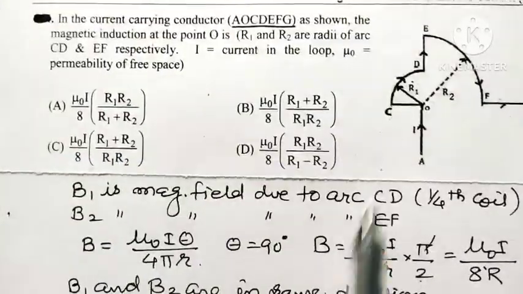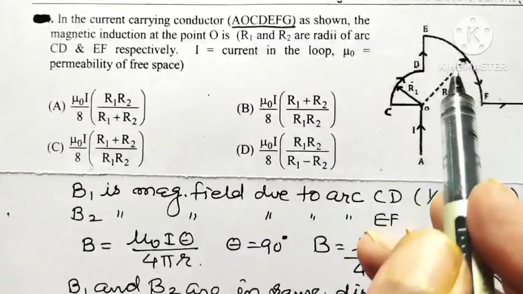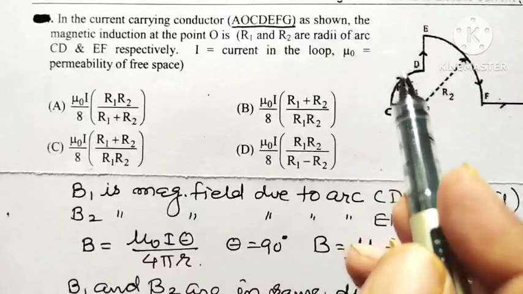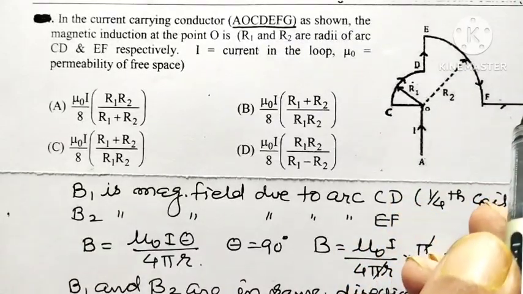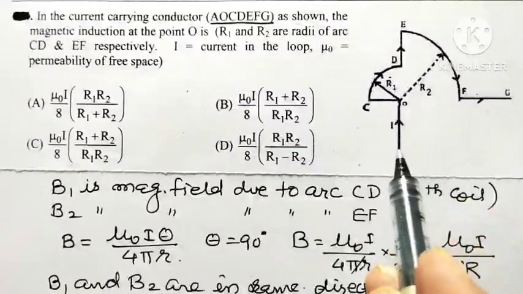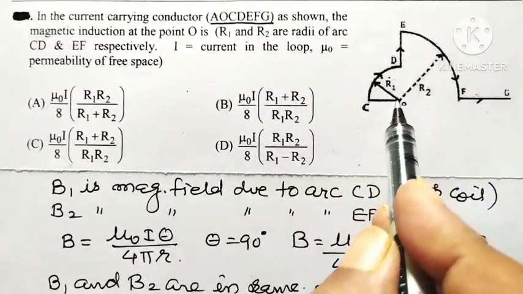Now see here, along with this circular arc CD and that of EF, we have AO and that of FG. So what is the contribution of AO and FG to the magnetic field at point O?